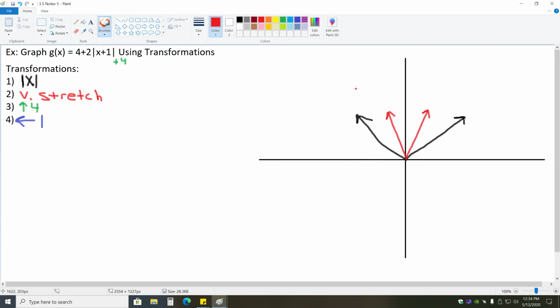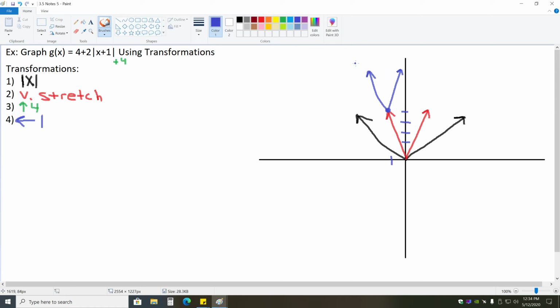So I'm going to show you that you can do these two steps in one if you prefer in this example. So we're going to shift up 4 and left 1. So taking this point, we will now have a point up here, and then we will redraw the same shape we just ended with, this longer V shape.